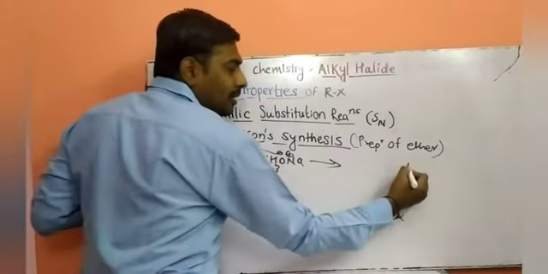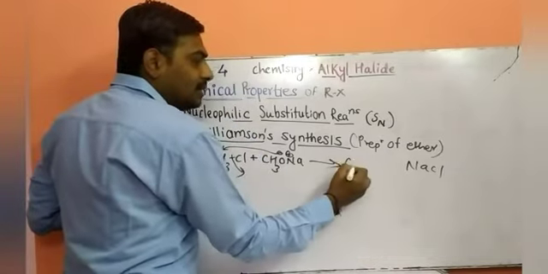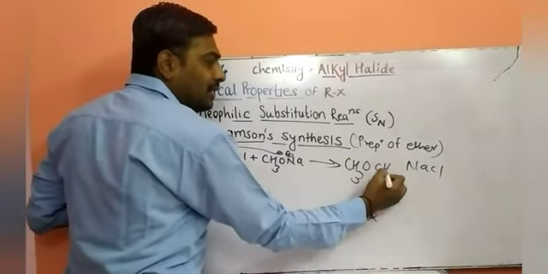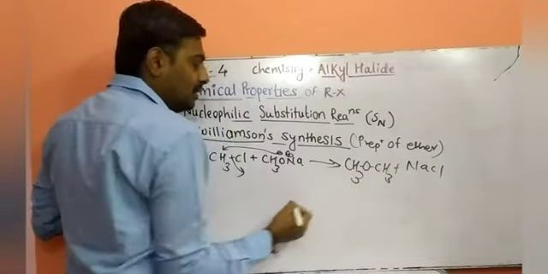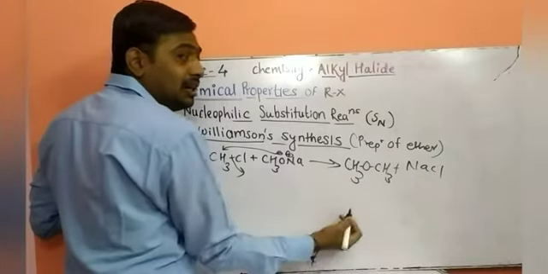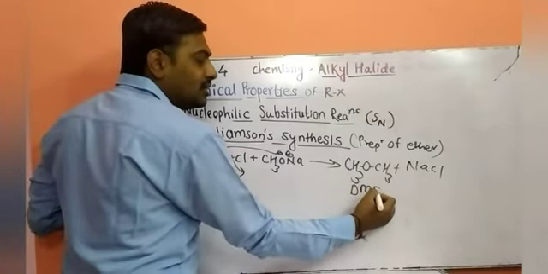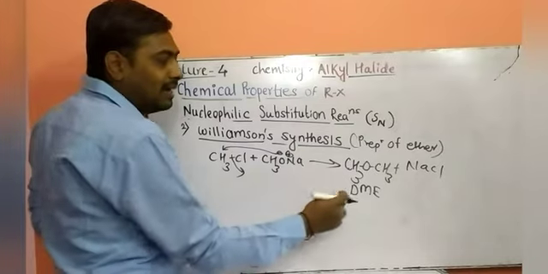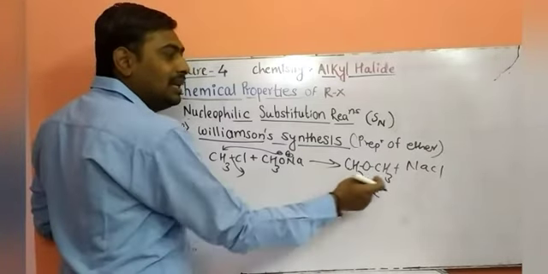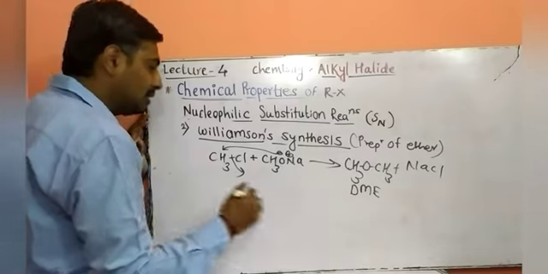Chlorine and sodium form a byproduct, sodium chloride. CH3OCH3 is dimethyl ether, DME, the standard short form of this compound. You may call it dimethyl ether or methyl ether.